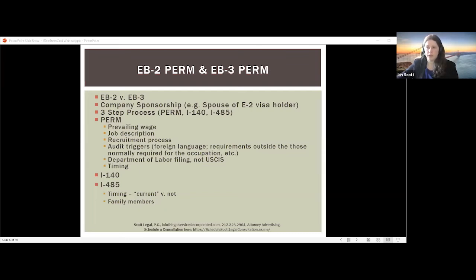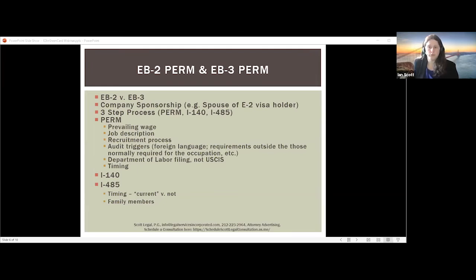Once the prevailing wage has been returned, it will say, yes, when the person gets the green card, this is the wage that has to be paid at least. If the company agrees to that, then you can start with the recruitment process. Recruitment is done by the US company, where they actually do have to post for the job in various places, such as the state workforce agency, newspaper advertisements, and things of that nature.